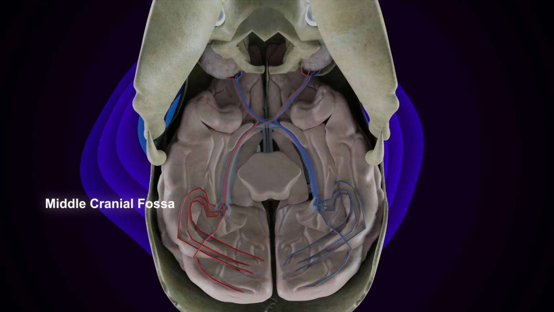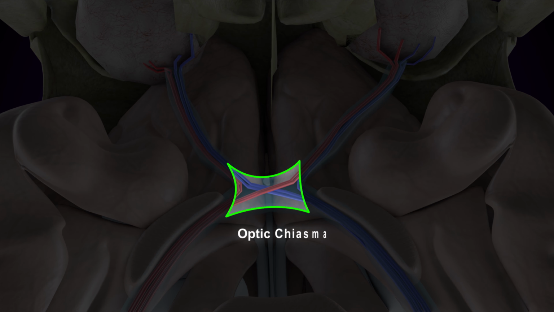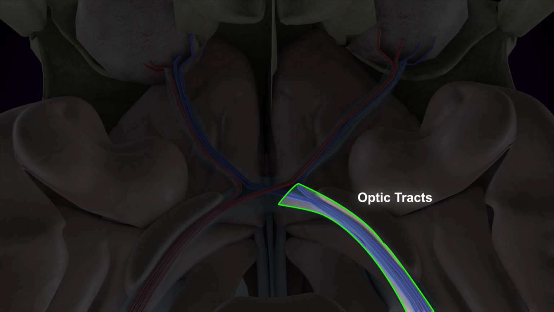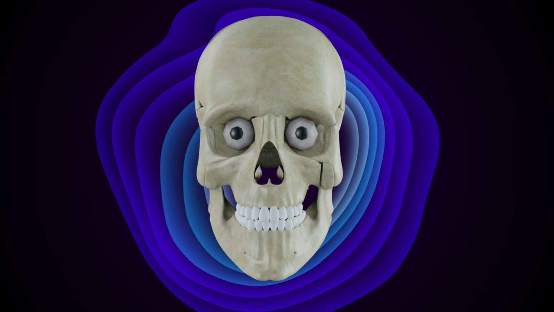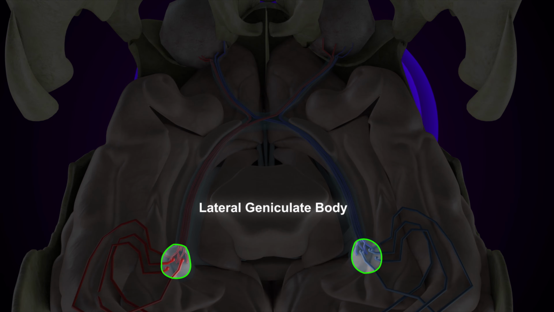In the middle cranial fossa, optic nerves of two sides unite to form the optic chiasma. Diverging from the chiasma are optic tracts. Most of the fibers of the optic tract relay in the lateral geniculate body.